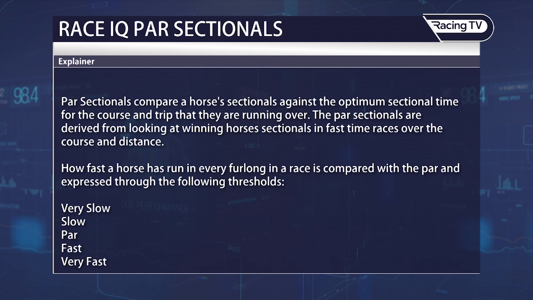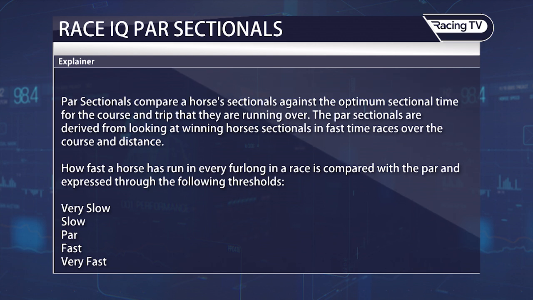So we have pars which we can use against what horses actually achieve in races throughout individual furlongs. How fast a horse has run in every furlong in a race is compared with the par and expressed through the following thresholds: very slow, slow, par, fast, or very fast. And this gives us a real good handle on how races are run.